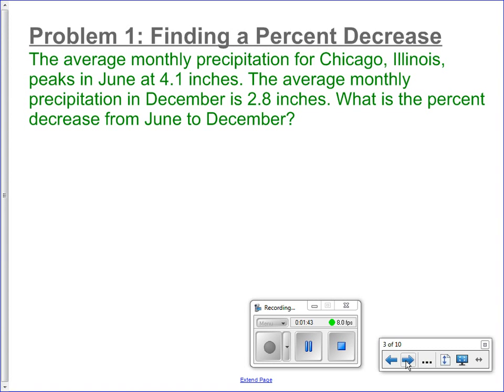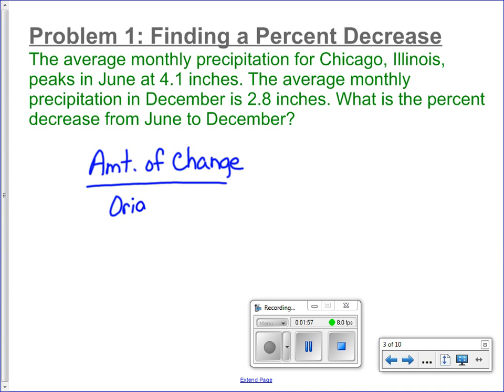All right, so percent change is the amount of change over the original amount.